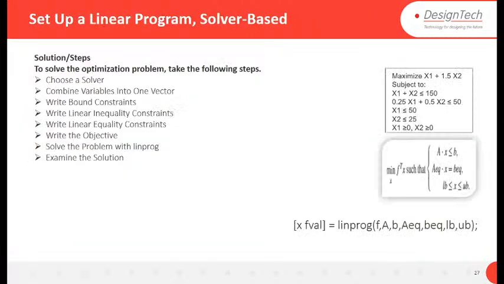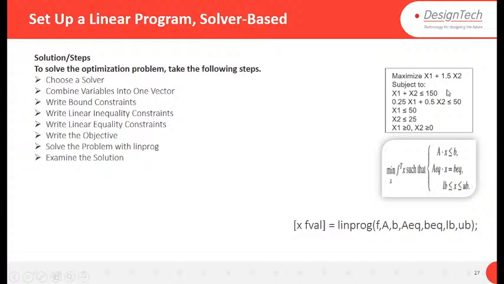So you see here, let's say this is my objective function. If you are using solver based, let's say this is an objective function and you want to optimize this, and for this objective function you have some constraints here, upper bounds and lower bounds are also given.